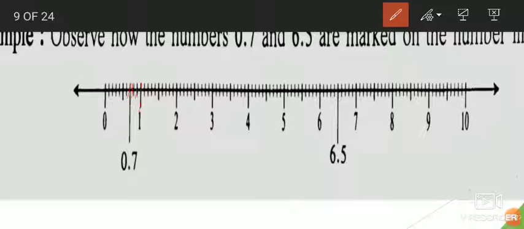And after 1, from 1 to 2, again these are divided into 10 equal parts. This is 1.1, 1.2, 1.3, 1.4, 1.5, 1.6, 1.7, 1.8, 1.9, and that is 2.